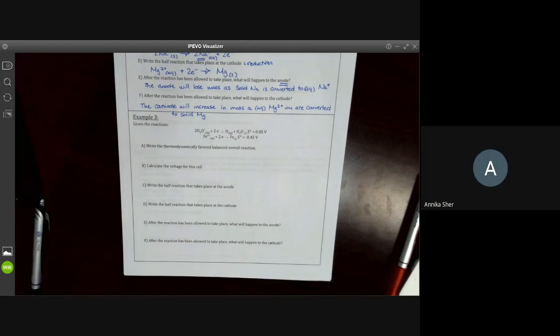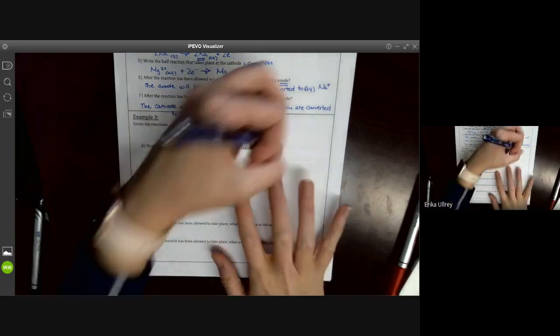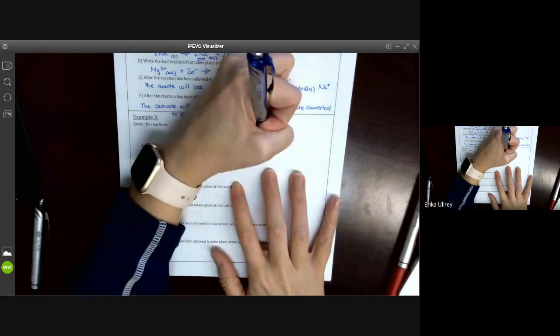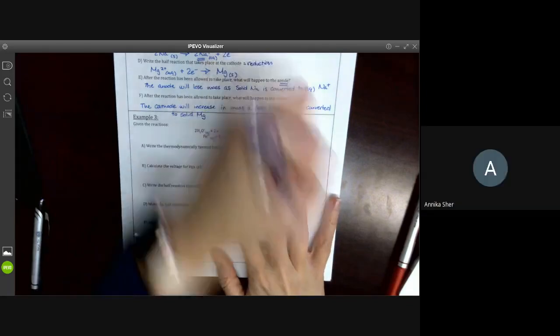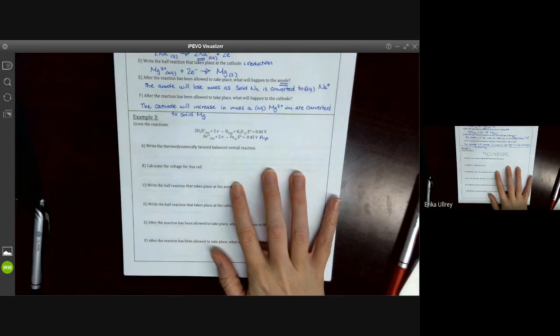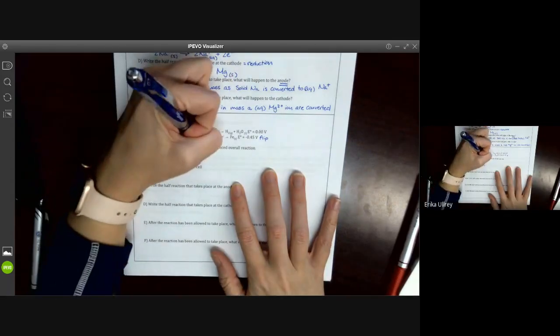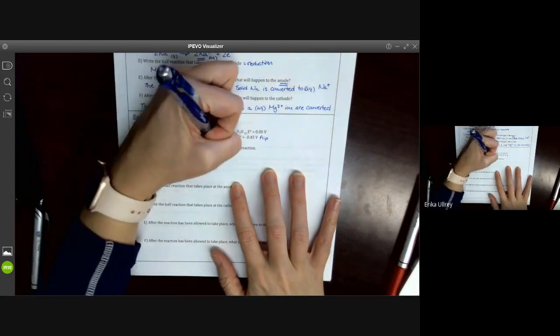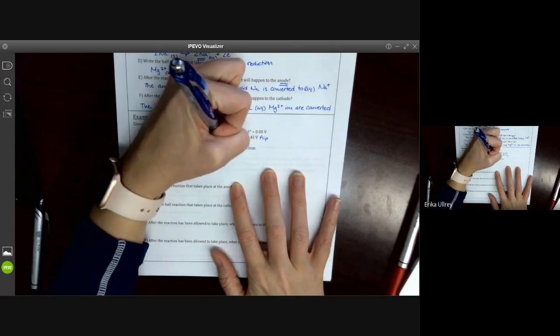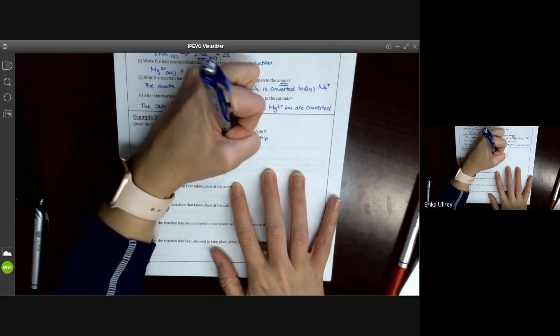Annika, what do you think we would get? First, you would have to flip the Fe equation, right? Okay, yep, why? Because otherwise your E is going to be negative. Yep, so we'll flip this guy around. So Fe solid gives us Fe2+ plus 2 e-.